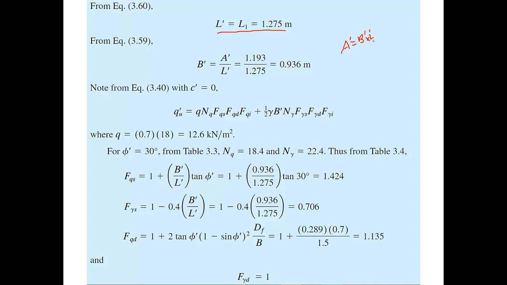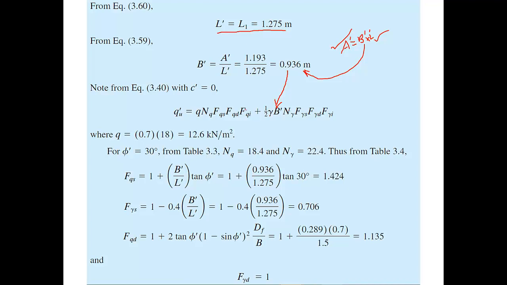So we already got the value of L prime, we got the value of A prime. So can you find out the B prime? Okay. So that is our B prime, and which will be used here. You understand?